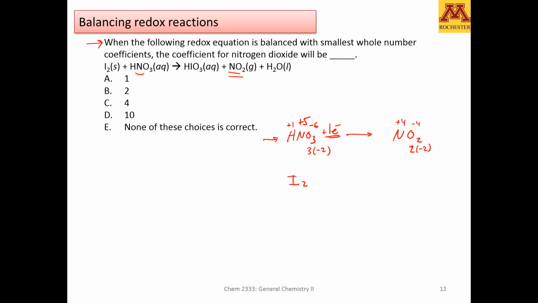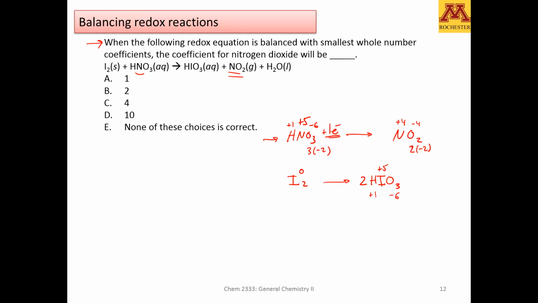And here hydrogen iodate goes into iodine, pure iodine, right? I need to put 2 in here because I need 2 iodines. And if you think about it, this is a -6 from oxygen, there's a +1 from hydrogen, so iodine is +5.